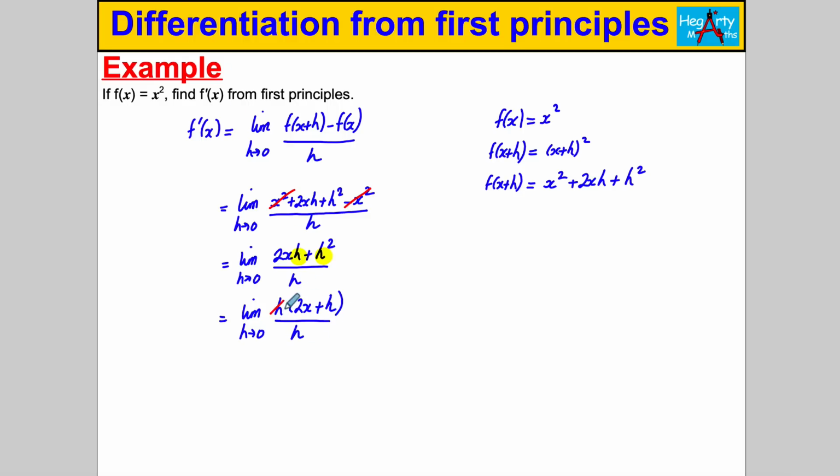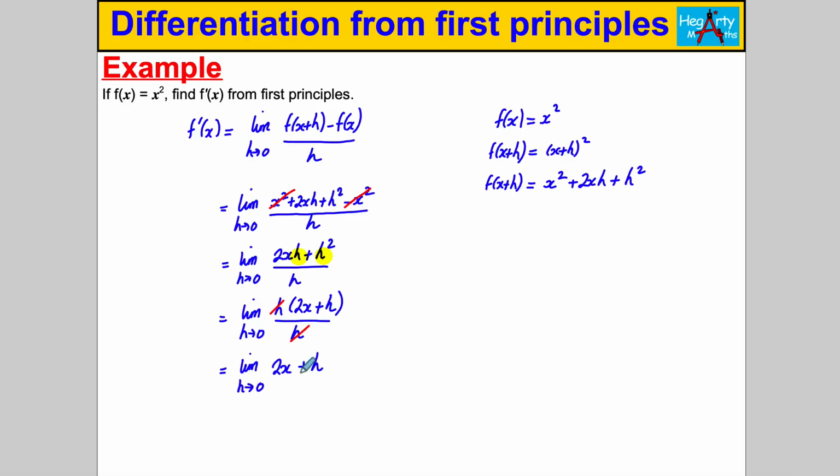And we've got a common factor of h on the numerator and denominator. They cancel or simplify to 1, and this ends up being the limit as h tends to 0 of 2x add h.